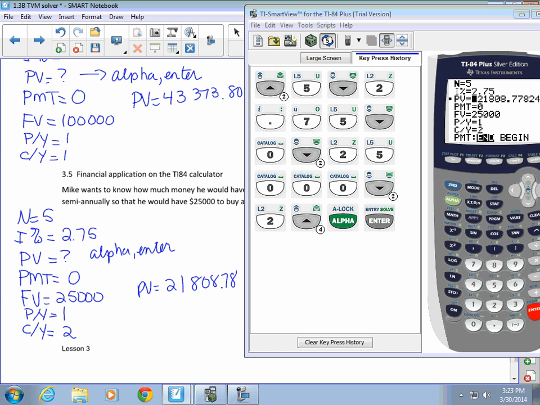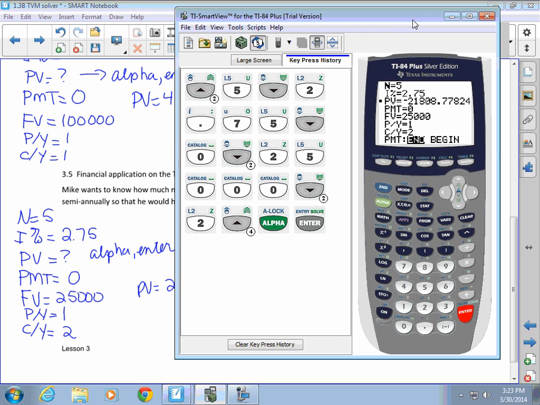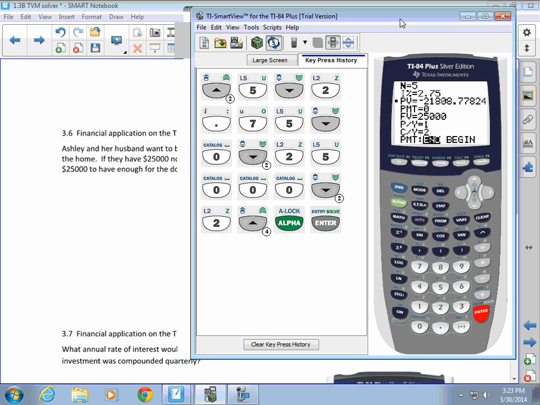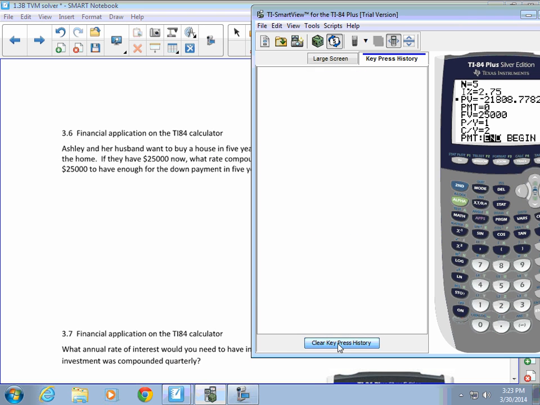Okay. The next page. So the question says, Ashley and her husband want to buy a house in 5 years. They will need a down payment of $40,000 to purchase the home.